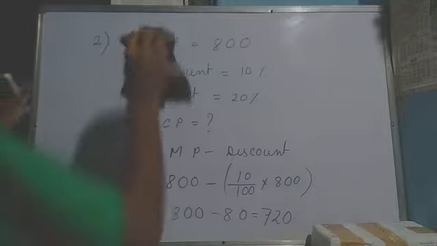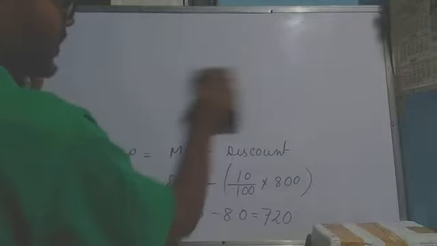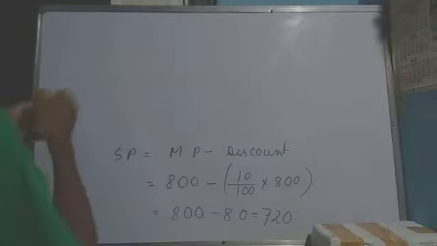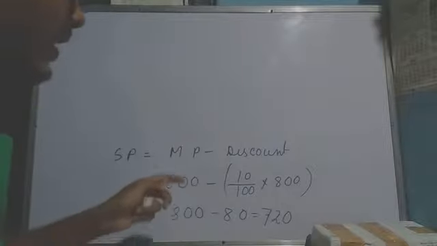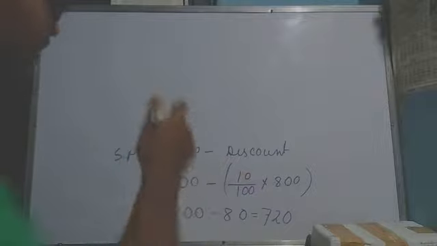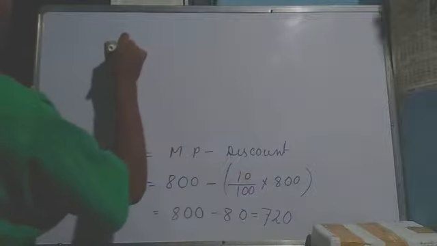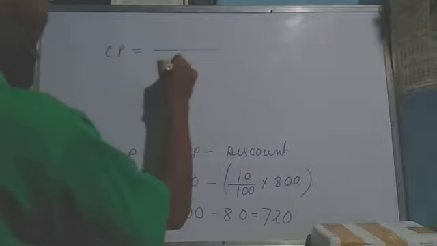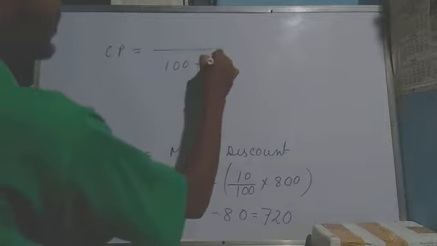Now we can calculate CP. What is the CP formula? Cost price. The shopkeeper is making 20% profit, so CP equals SP multiplied by 100 divided by 100 plus profit percent.